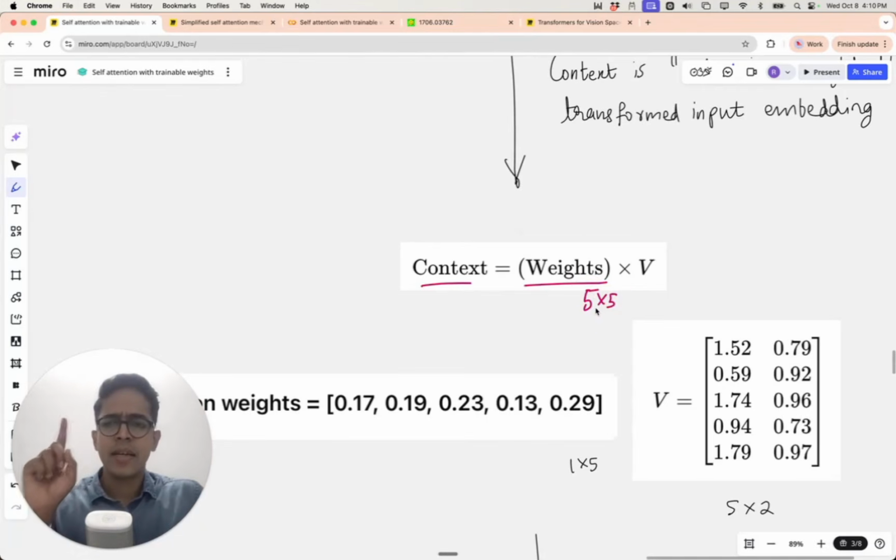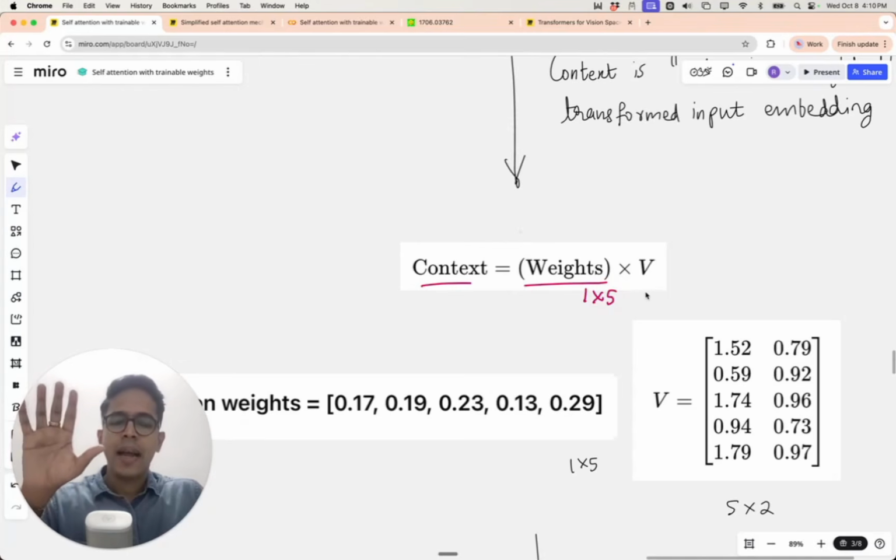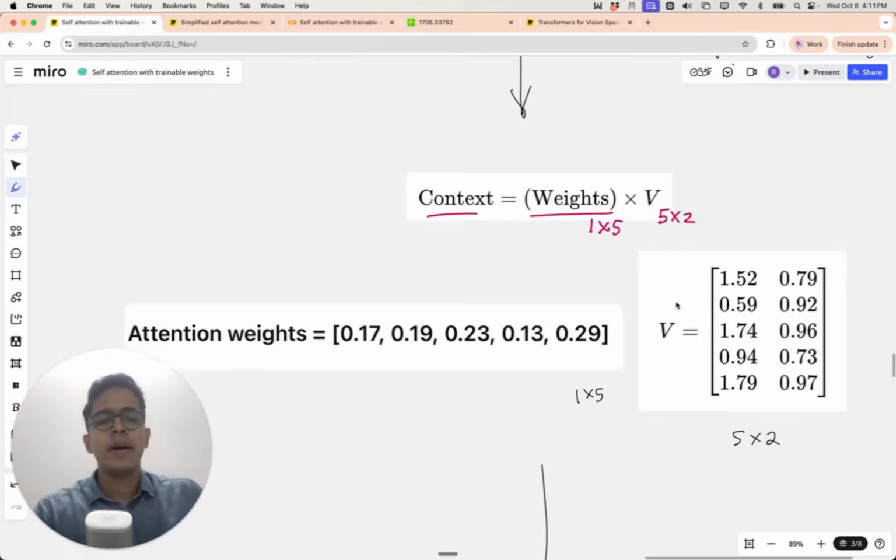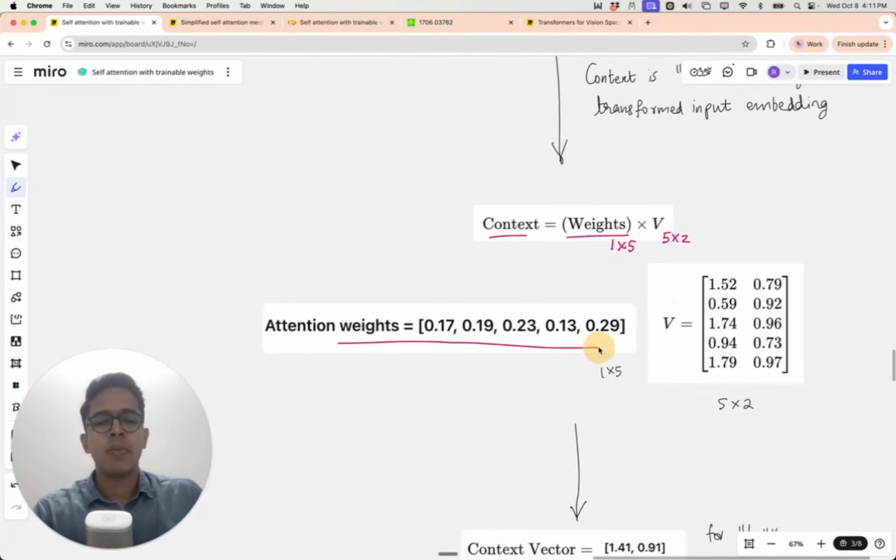If you look at just the attention weights corresponding to one query, it is simply 1 by 5. So here the query is ball, so it is simply 1 by 5. For the value matrix, you have 5 value vectors and each vector has a dimension of 2. So the value matrix was of dimension 5 by 2. So 1 by 5 multiplied by 5 by 2 will be 1 by 2. So these are the attention weights for ball.